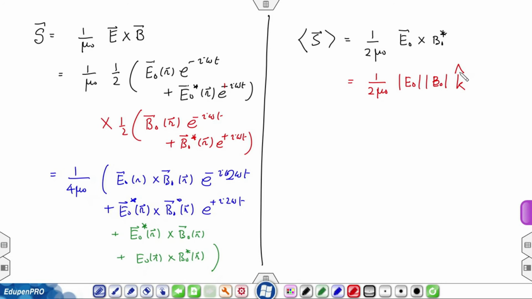Amplitude of B is E naught by c. So, I can write this as equal to 1 over 2 mu 0 mod E naught square over c.